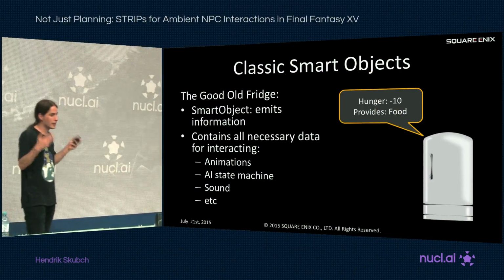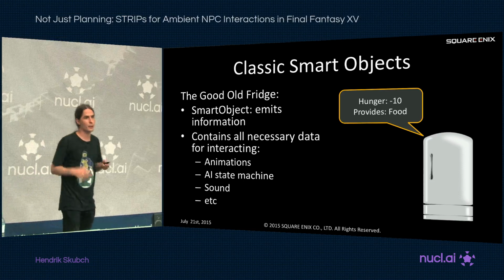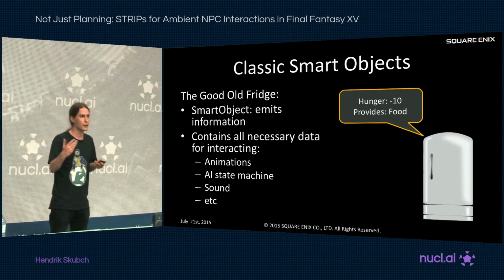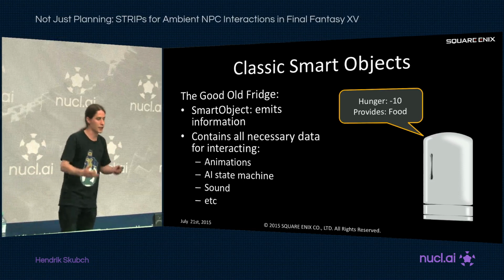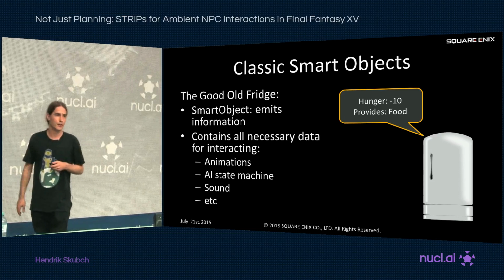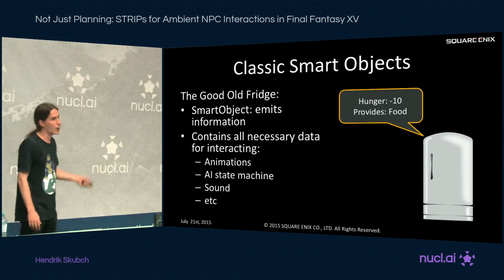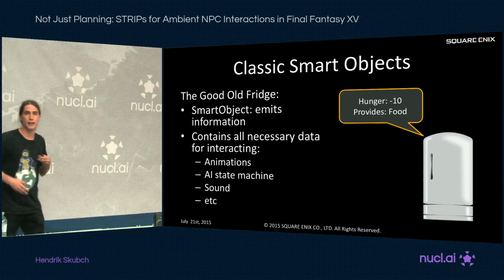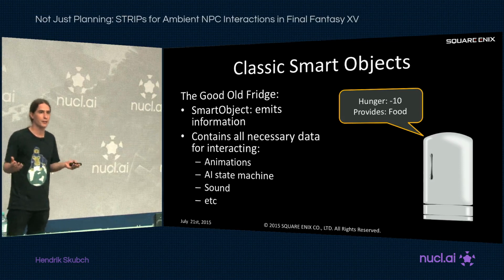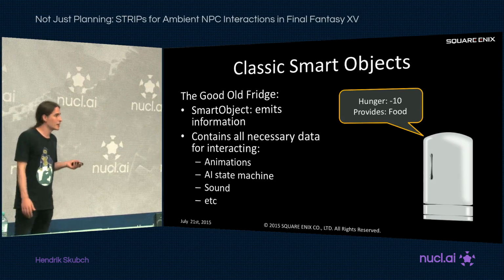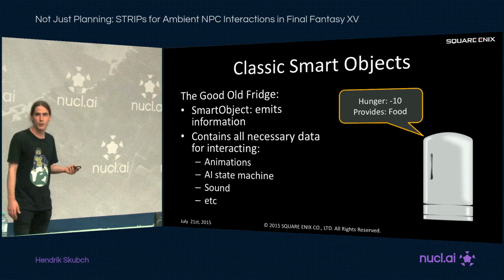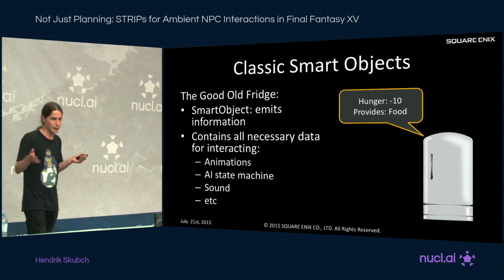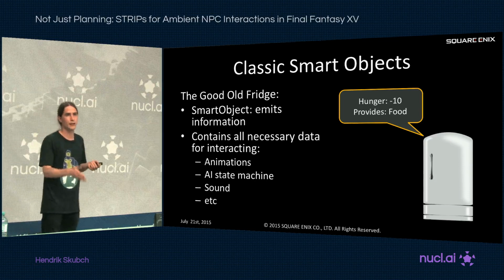And then attach some data to that object so that NPCs are enabled to interact with that. Say we're attaching animation, state machines, sound, and whatever else is needed to basically perform that interaction with that object. That is really nice, because for every new object we place into the world, we don't need to touch the NPCs anymore.